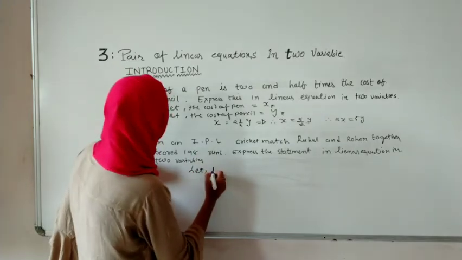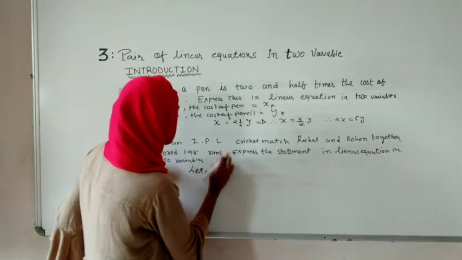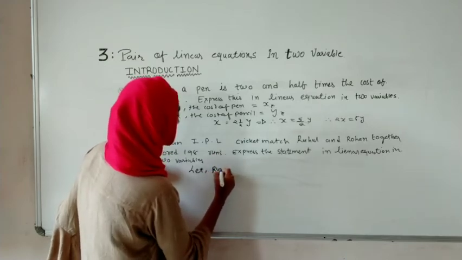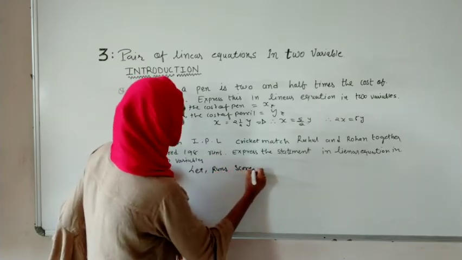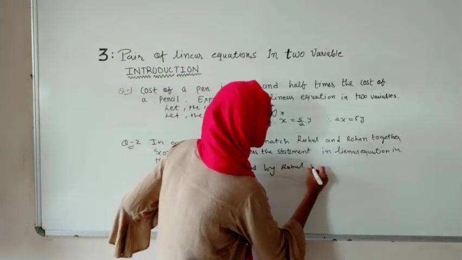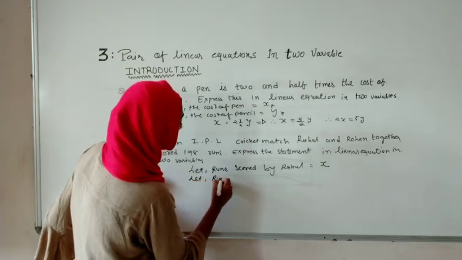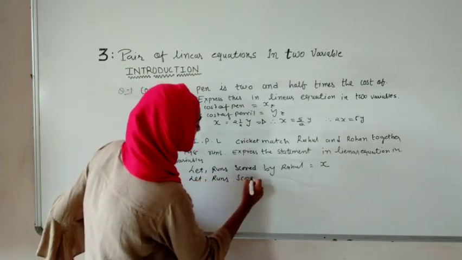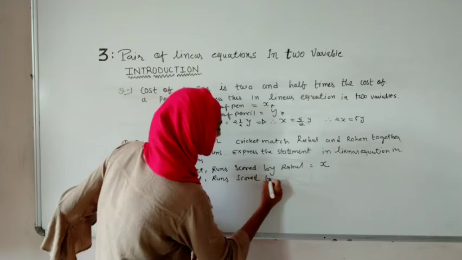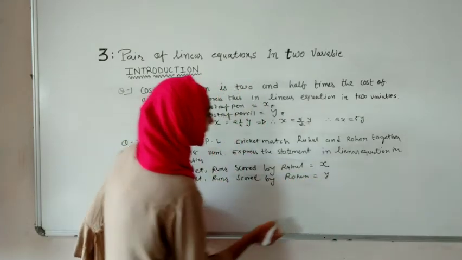So let the runs scored by Rahul be x. Then I am guessing let the runs scored by Rohan be y, and that will be equals to 198.